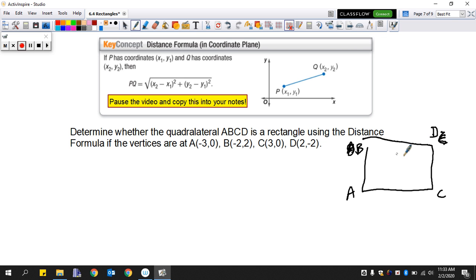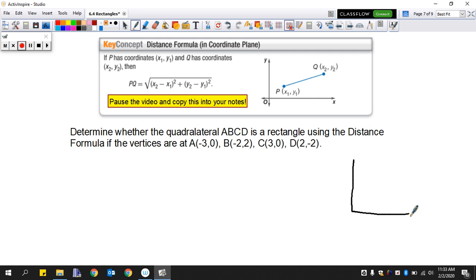Wait a minute. Hang on. Let me clear this out again. All right. So if we're talking about a coordinate plane, let me just draw a real quick coordinate plane.